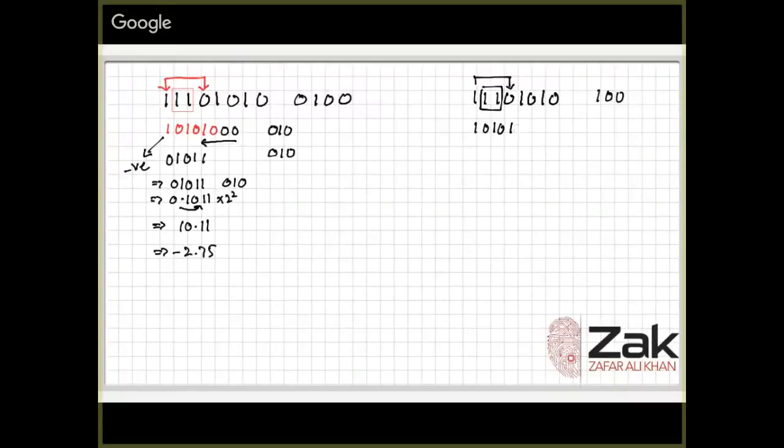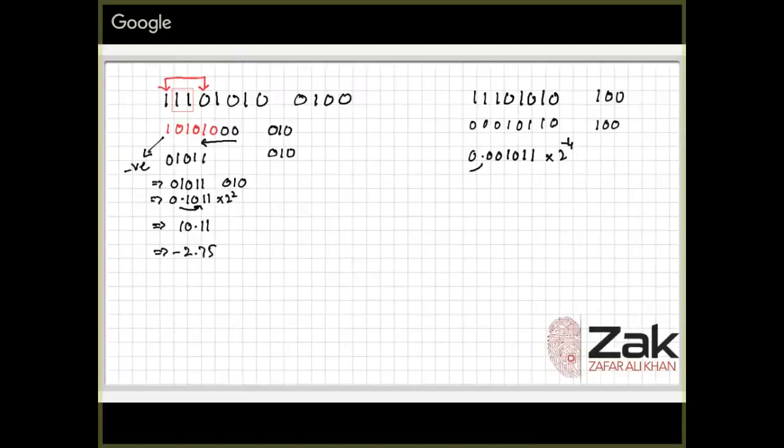Let's just not normalize it; let's just solve it first. What is this number? We keep the exponent same, keep the first bit the same and then toggle the rest. This would become 0.001011 into 2 to the power minus 4.